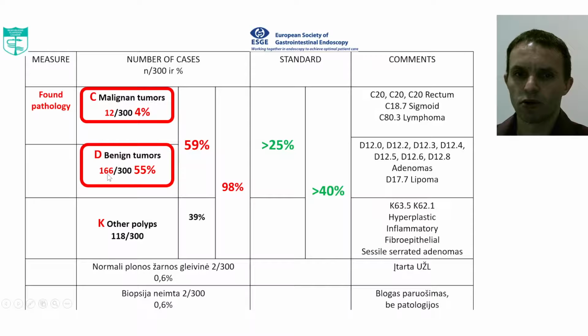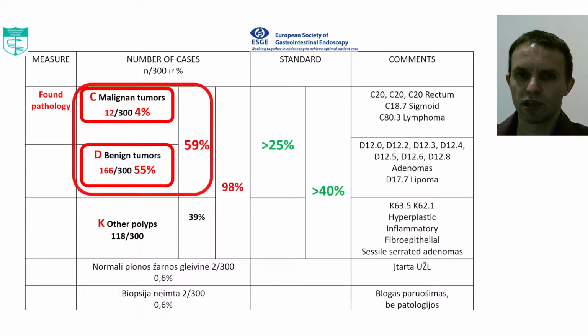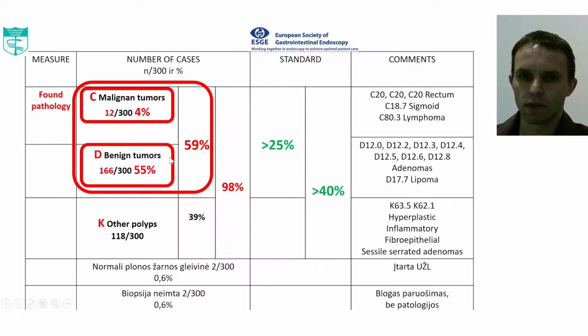We found 166 benign tumors, which is 55% of all the cases.